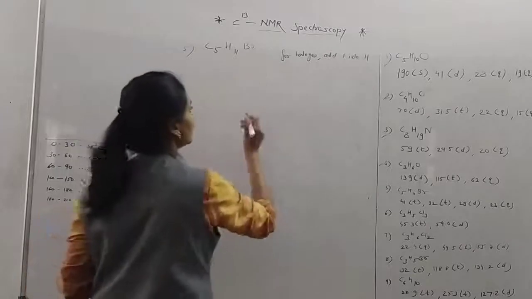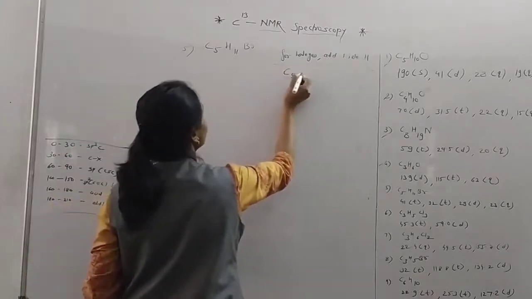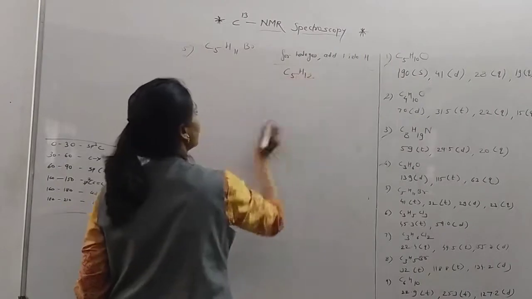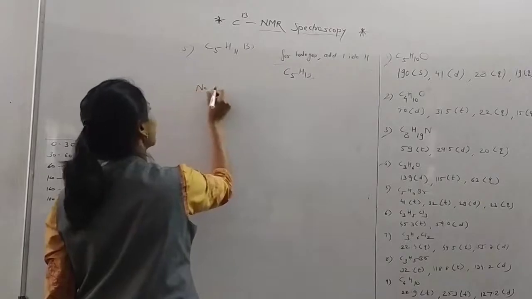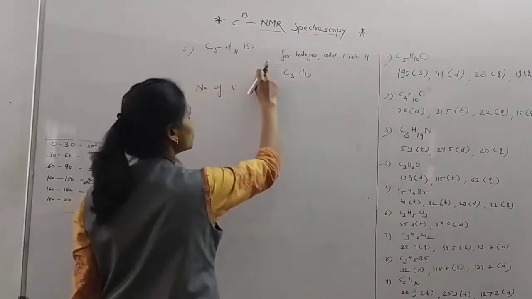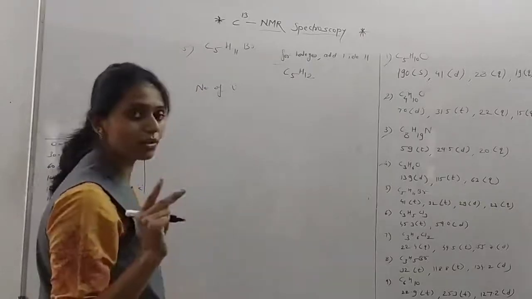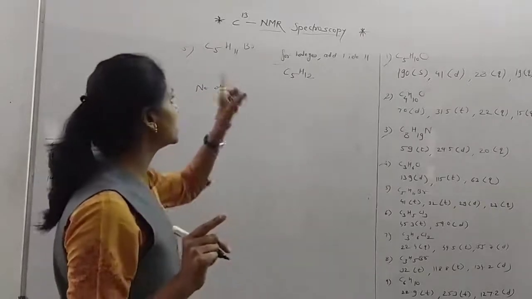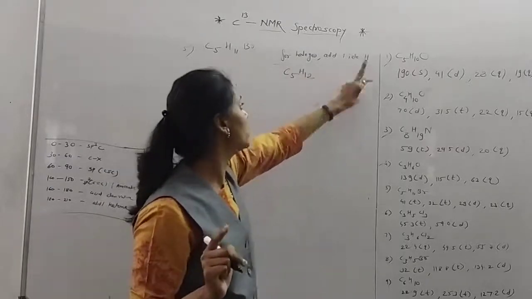And now calculate the number of unsaturation. So the formula becomes C5H12. For this formula we now write down the number of unsaturation. These two things are only for nitrogen and halogen compounds. For nitrogen there is addition of 1 into the CH, and for halogen there is addition of 1 into only hydrogen.